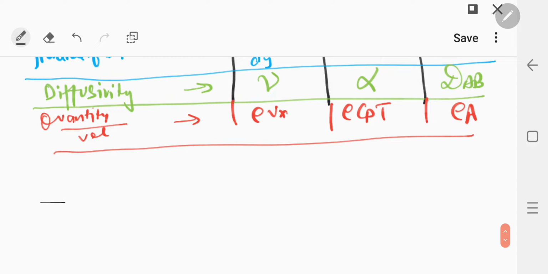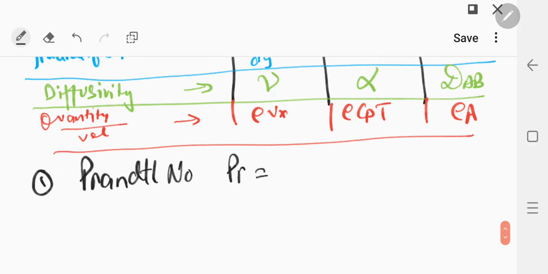The first is the Prandtl number, which is the ratio of momentum diffusivity to thermal diffusivity, nothing but Cp mu by k.